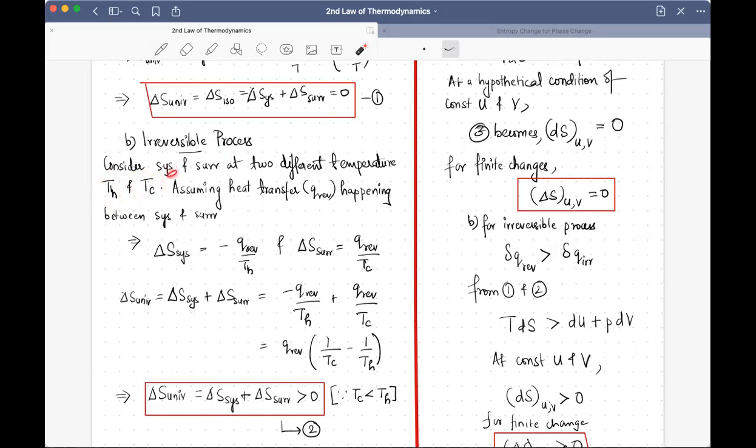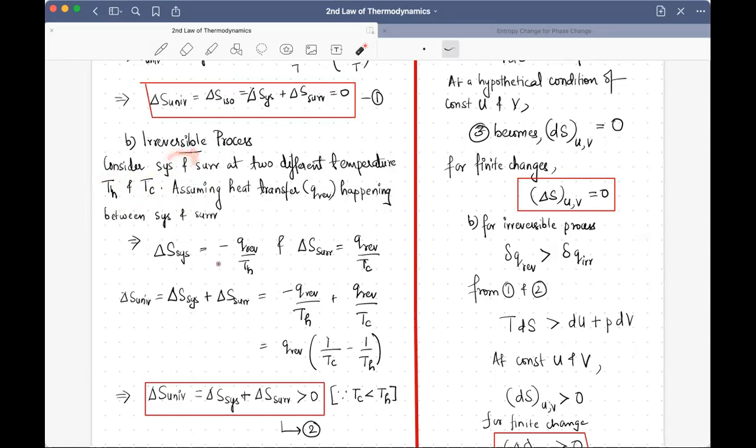Suppose your system is at a higher temperature, TH, and your surrounding is at a lower temperature, TC. We know that heat will be transferred from a hotter body to a colder body. Since this system is at a higher temperature, the heat transfer will happen from the system to the surrounding.